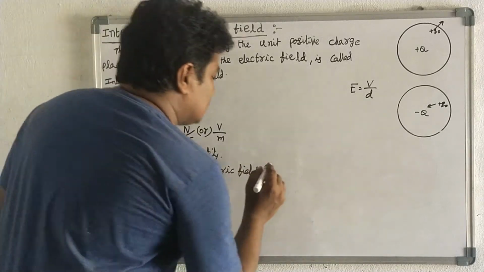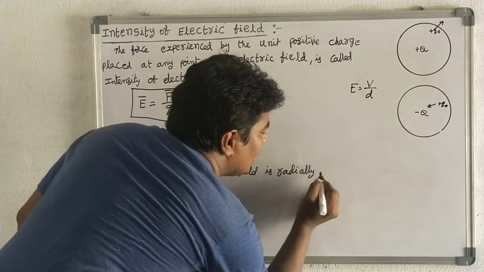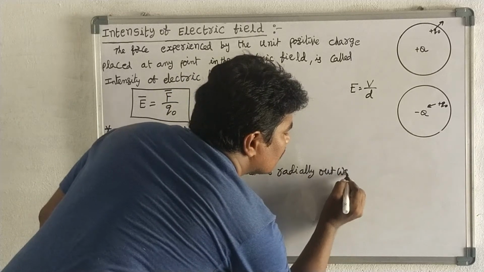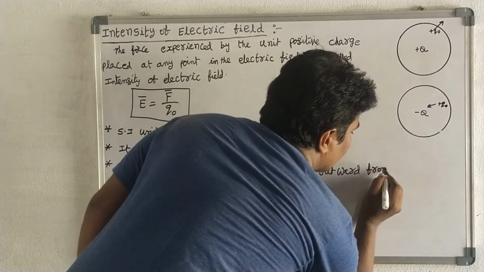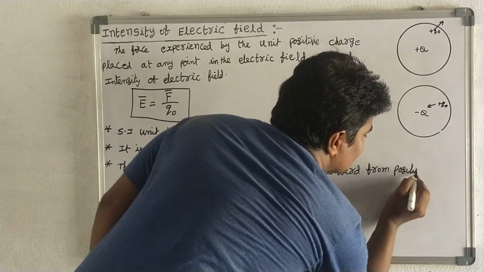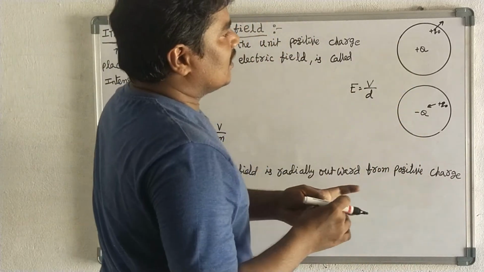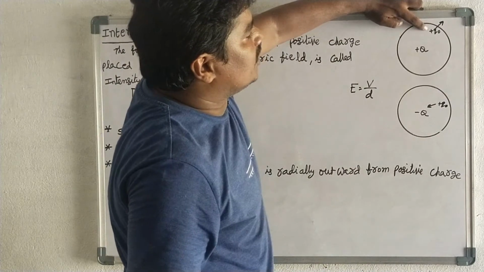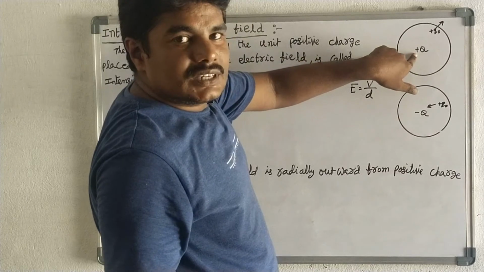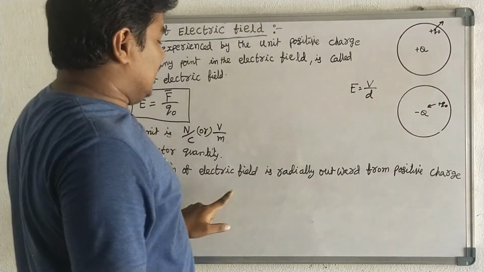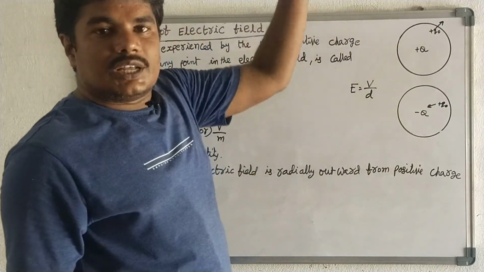The direction of electric field is radially outward from positive charge. Why? Because this unit positive charge is repelled by this electric field. That's why the direction of electric field is radially outward from positive charge.